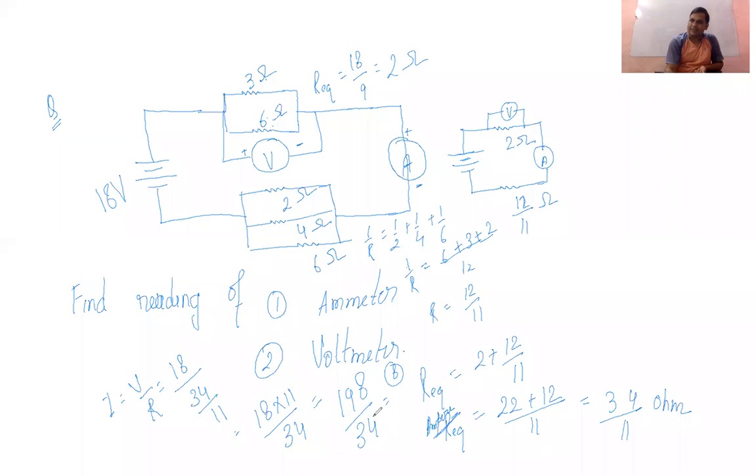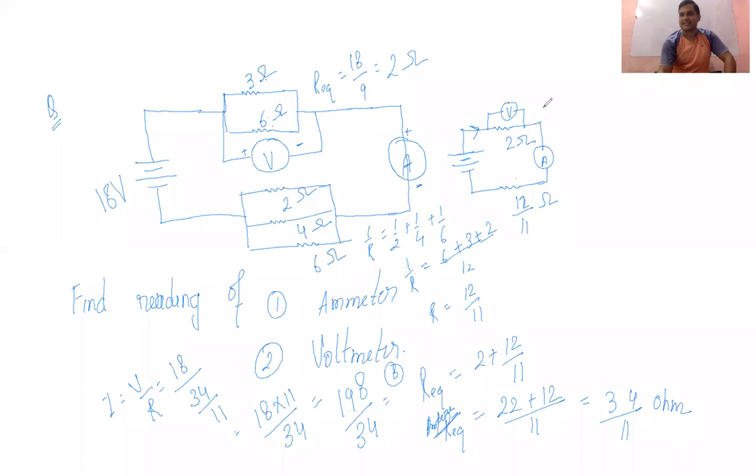Have you solved this one? It is 198 by 34. You can solve it. Once you find the value of current, you can see here, this current will be constant in all the circuit. Here, this resistance and this resistance. So if you are willing to calculate the voltage at this, you can just use Ohm's law here.